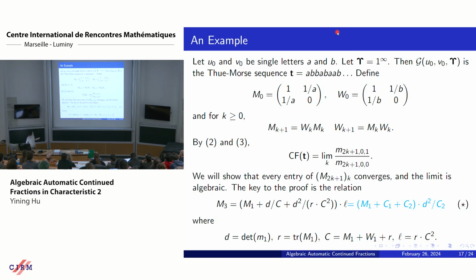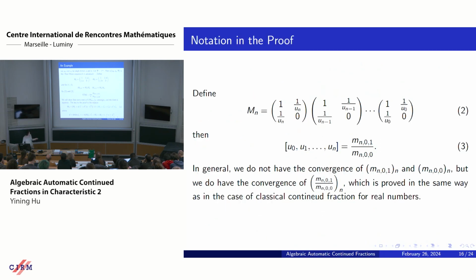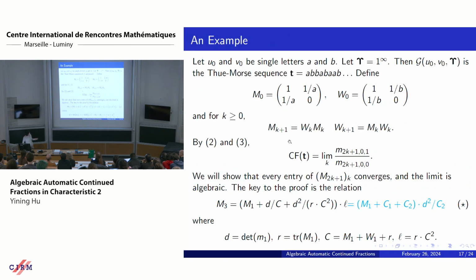If we define M0 corresponds to the U0 and the W0 corresponds to the V0, and we define inductively Mk as follows, then by the definition of continued fraction, the two-most continued fraction is the limit of this thing.